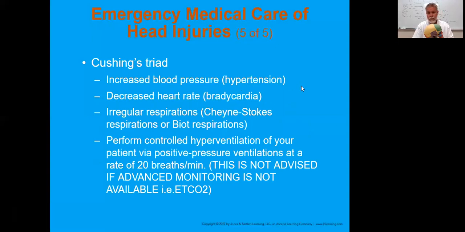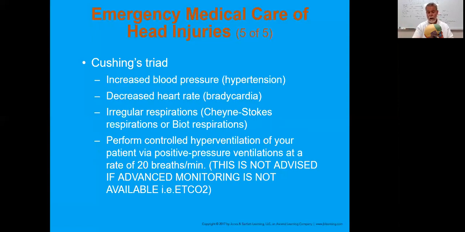Cushing's triad, this came up again. That's why I wanted to show you it on the board. But again, we already saw what these were, right? The increase in the blood pressure, the decrease in the heart rate, and then the Biot's or the Cheyne-Stokes respirations. So right down here, perform controlled hyperventilation of your patient via positive pressure ventilations, meaning bag valve mask, right?